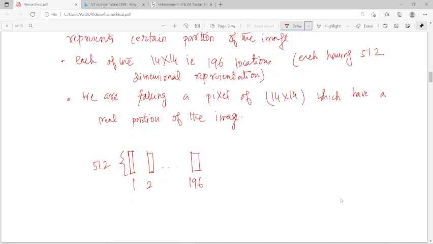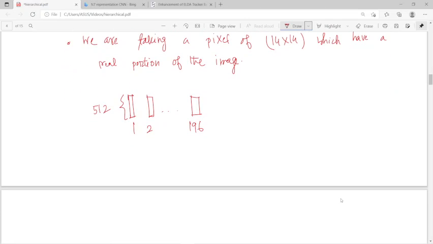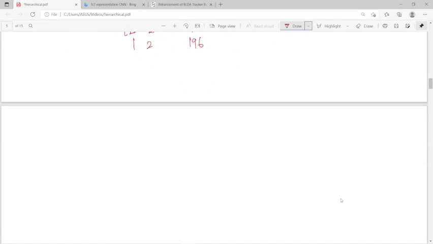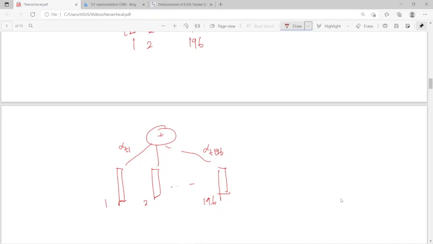What does it mean? If you remember the network, how we learn with attention, then we are getting this is 1, this is 2, this is 196, and we are getting the values of alpha, say alpha t1 up to alpha t196.